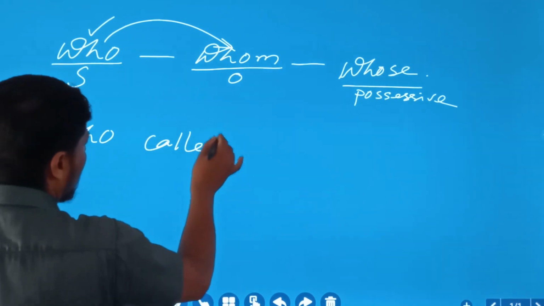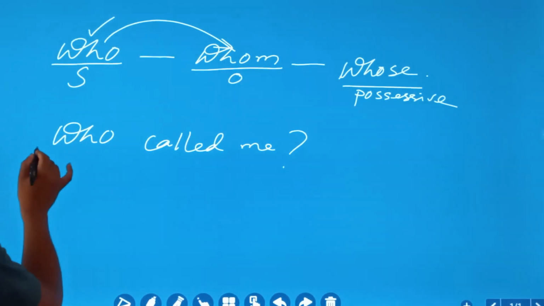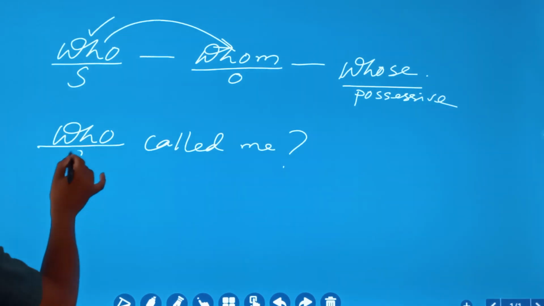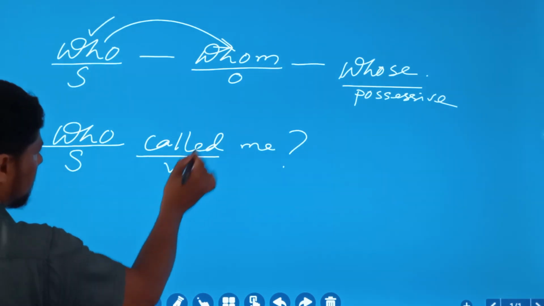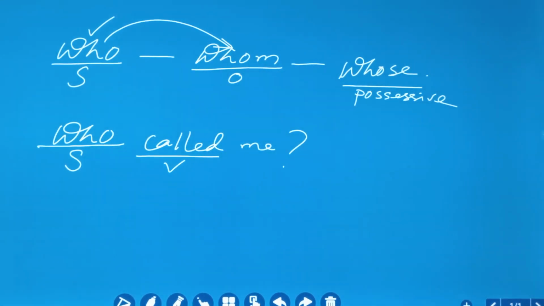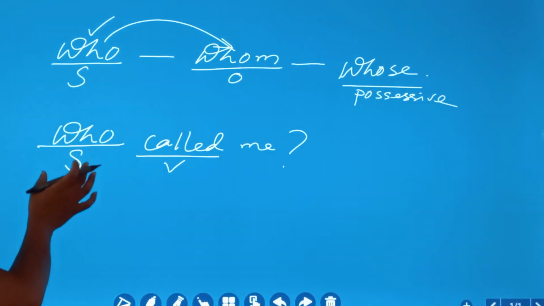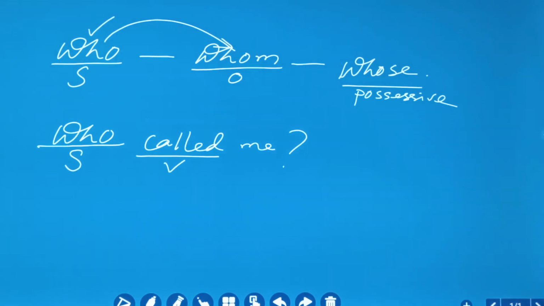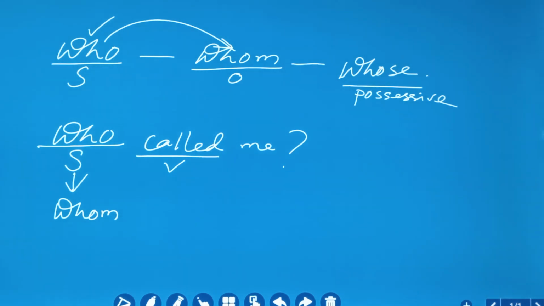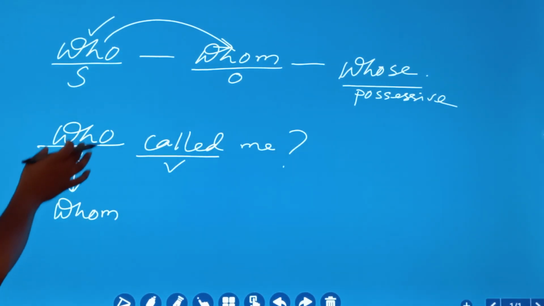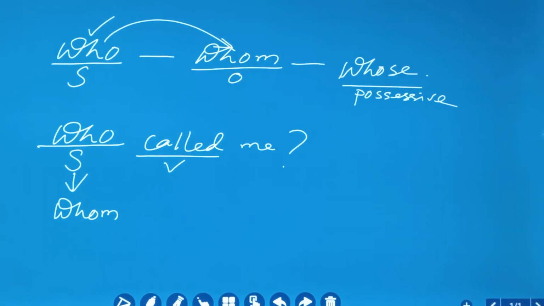Who called me? So here in this sentence, who is acting as the subject because it comes before the verb call, and that's why here who is acting as a pronoun and as a subject. And as the subject of active voice will be the object in the passive voice, that's why who becomes whom in passive voice. But before making the subject the object in the passive voice, we need to take a preposition like by, to, at, with, etc. before the object.